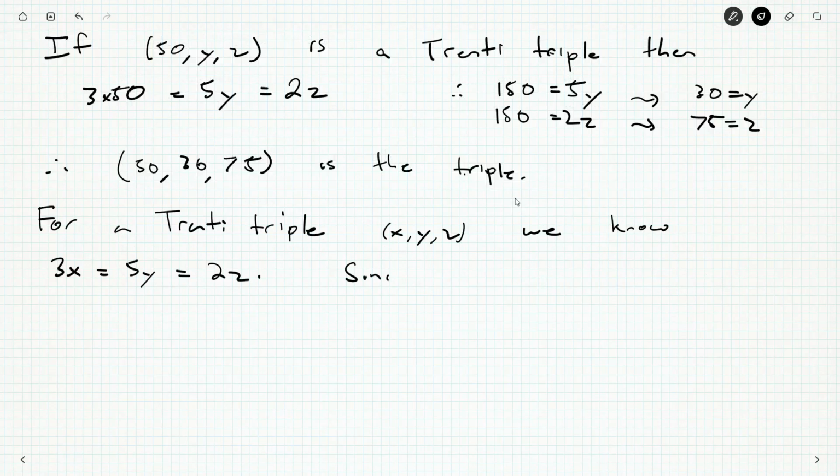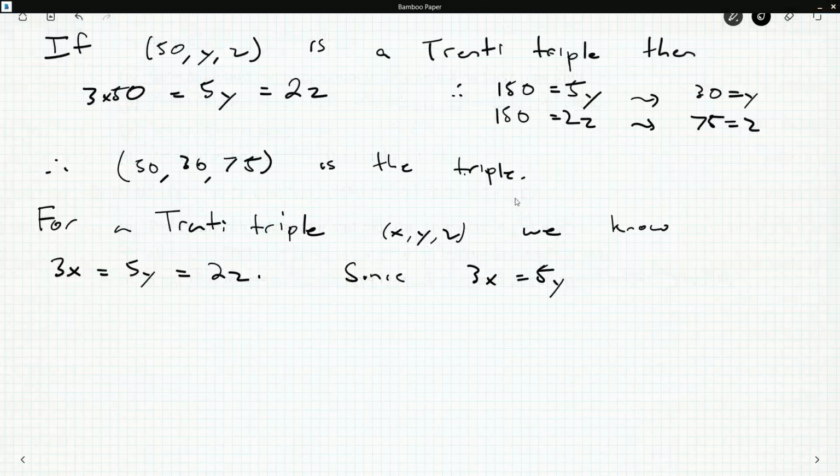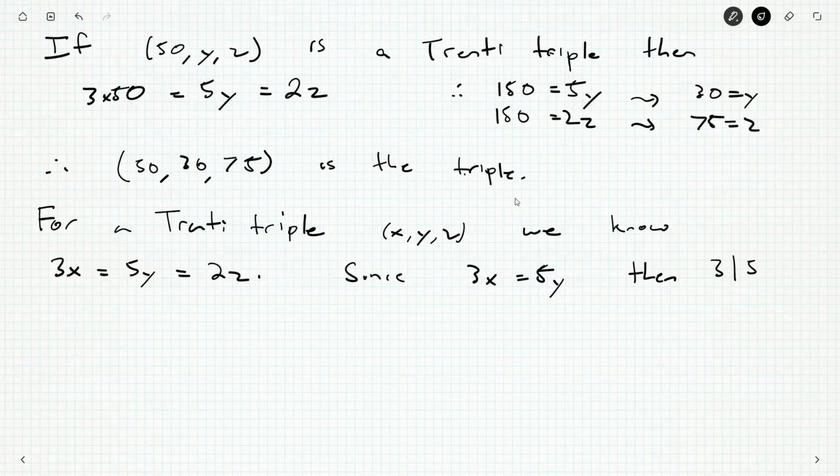Now, since 3x is equal to 5y, and they are all positive integers, then we can see that 3 has to divide 5y. 3 divides 3x, and 3x is equal to 5y, so 3 has to divide 5y. But 3 is prime. So 3 divides 5, or 3 divides y. We might have more, but it could divide.